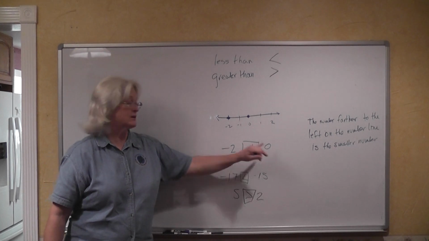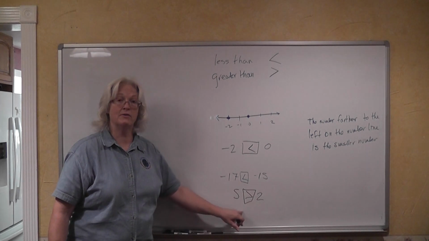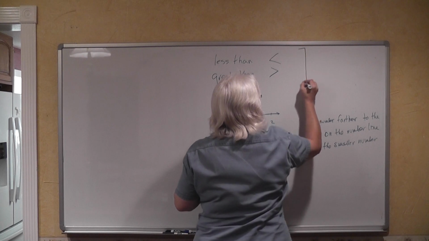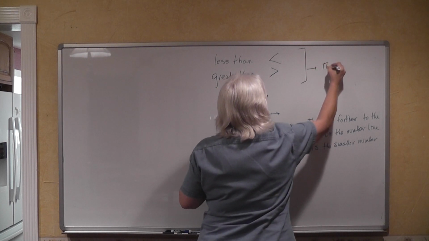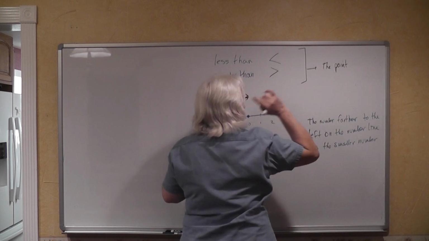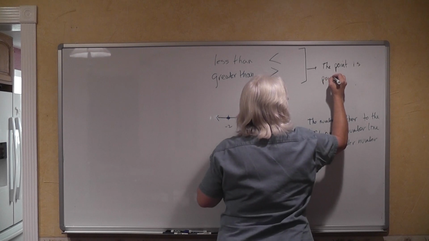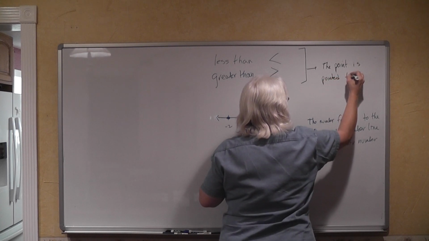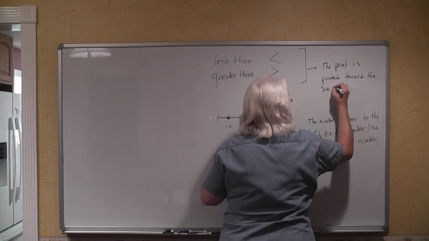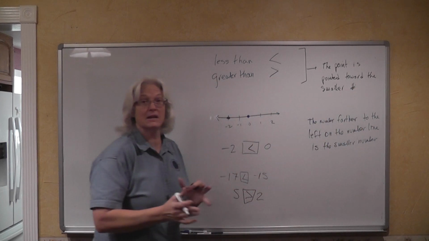Negative 2 is less than 0. Negative 17 is less than negative 15. 5 is greater than 2. The point is pointed toward the smaller number always. That will help you with your greater than and less than symbols.